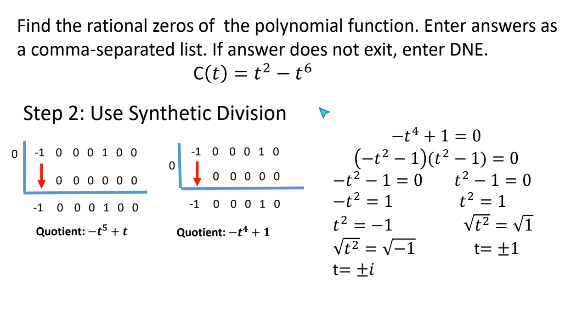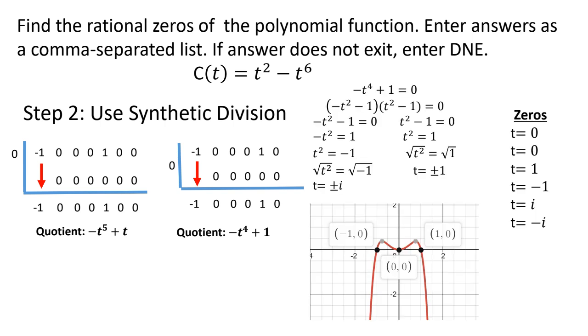So your degree here should be 6. So you should have 6 zeros. So 1 zero is 1. Another one is -1. Then you have a positive i, a negative i. Then you have the 0 for this one and the 0 for this one. So that's 6 zeros.